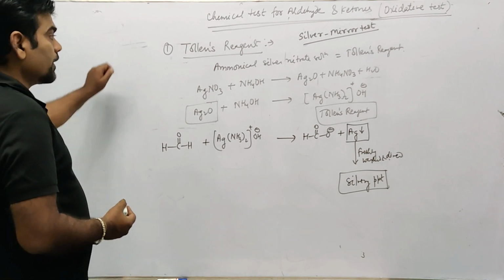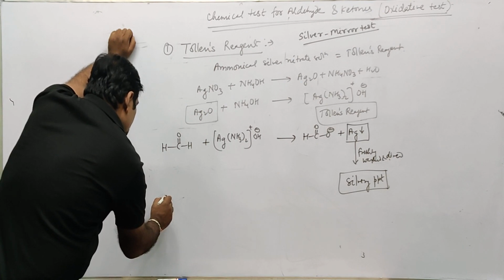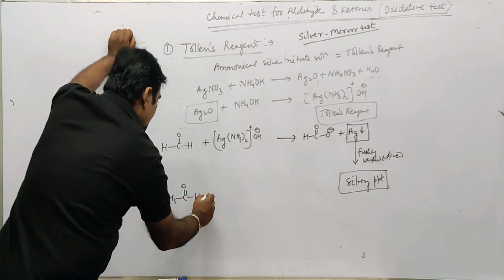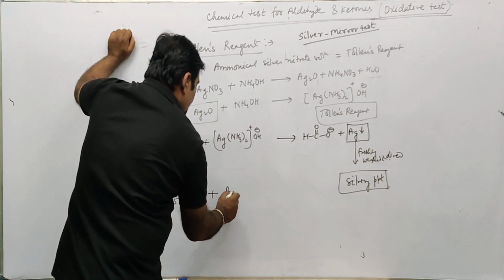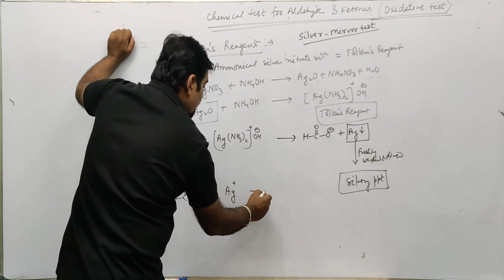Okay. Now, if we take any other aldehyde, suppose we have taken CH3CHO. We use the same reagent, Ag+ in presence of ammonium hydroxide.